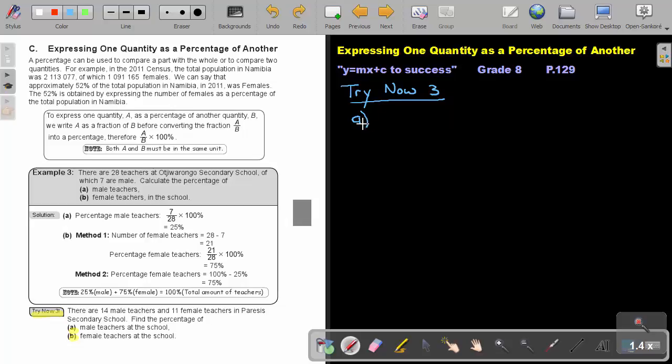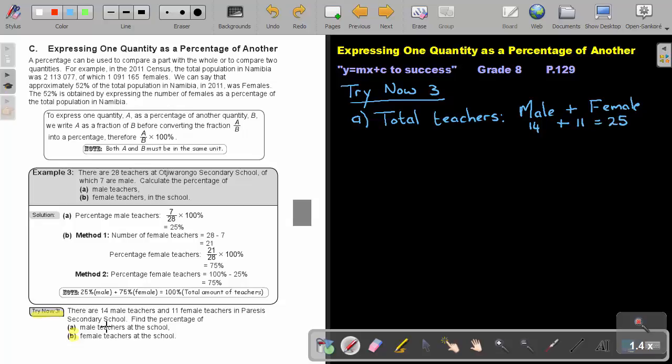So if I want to find the percentage of male teachers, I must first calculate the total amount of teachers. So the total teachers will be the male plus the female, which will be equal to 14 plus 11, and that will be equal to 25 teachers.